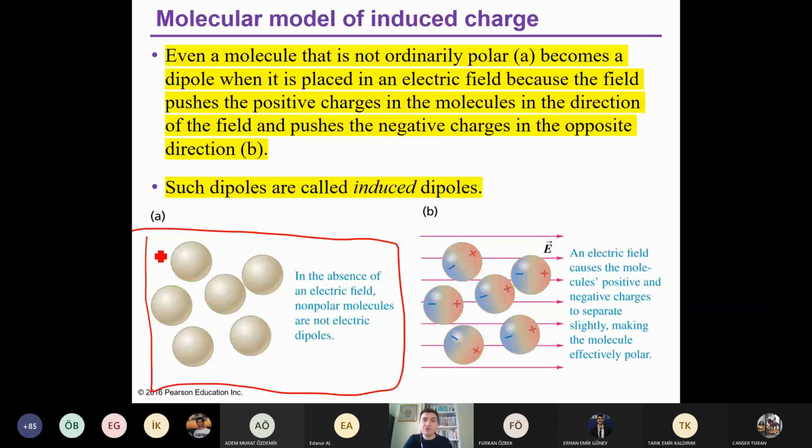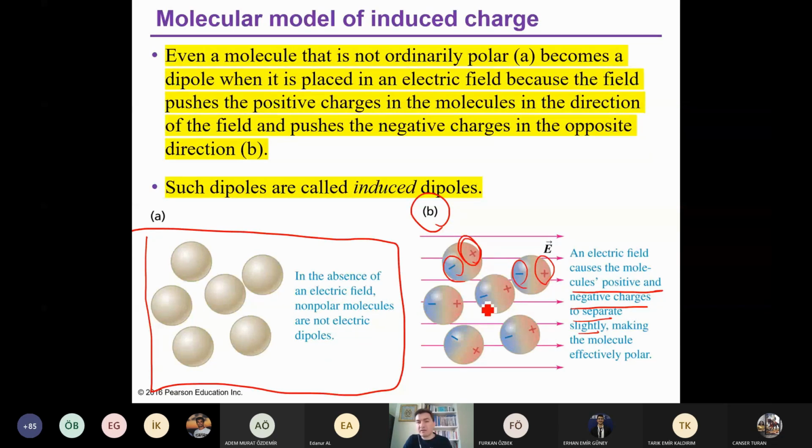Okay, you see neutral molecules here on the left side, but when we put them in an electric field, it causes the positive and negative charges of the molecules to separate slightly. Okay, positive charges are located here and negative charges are collected here. Okay. In total, they are neutral.